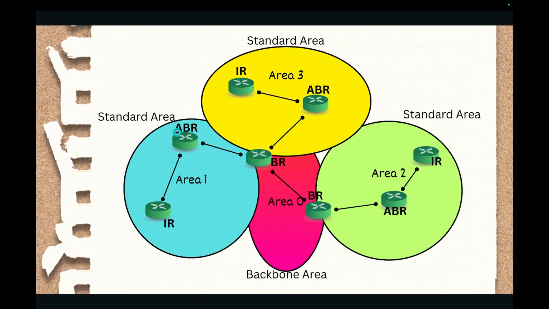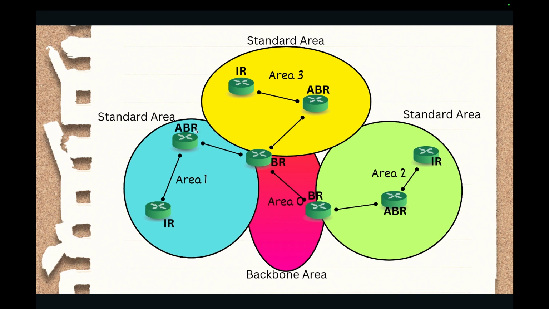Now this router is connecting area 0 to area 1, so it has a link to the router in area 0. That's why it can be considered the area border router. It can also be considered a backbone router because it has at least one interface connected to area 0, but for the significance of learning the different router types, I have written area border router.